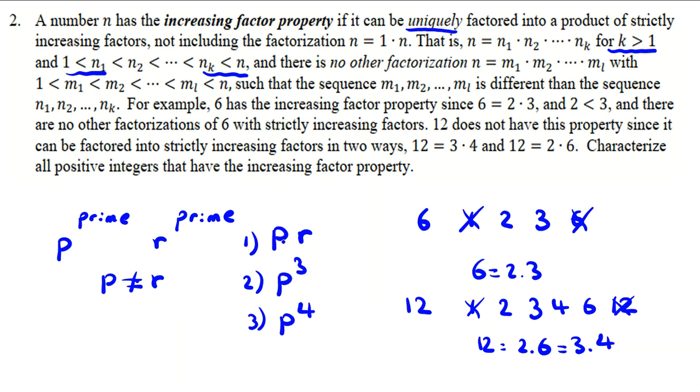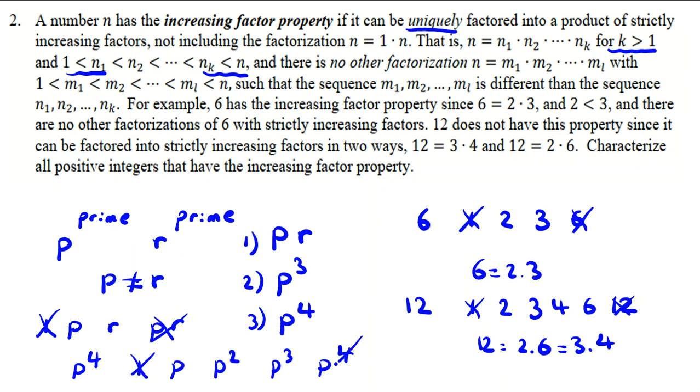For example, let me tell you about PR. You can say the divisors of PR are 1, P, R, PR. You can select these two, so the only way is P times R. Also, let me tell you about P to the fourth. If you write the divisors, they are 1, P, P squared, P cubed, P to the fourth. And we cross 1 and P to the fourth because you can't select 1 and n. So if you select P squared, you should multiply it by itself.